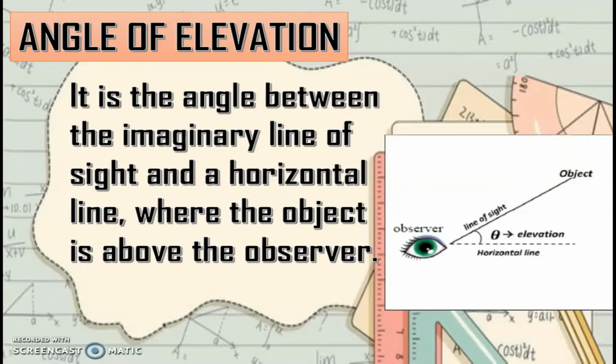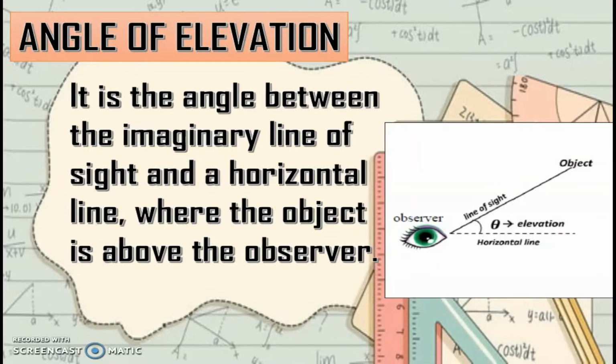So for example, these are your eyes, class, and you're going to look up at a certain object above you, for example, a kite or an airplane. So there's an imaginary horizontal line and your line of sight towards that certain object. The angle between the horizontal line and the line of sight is your angle of elevation.